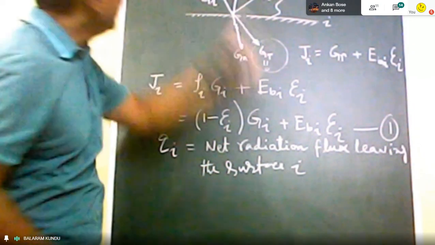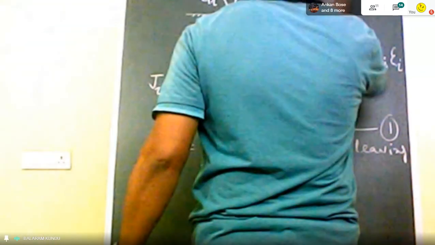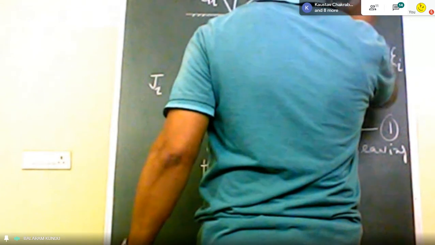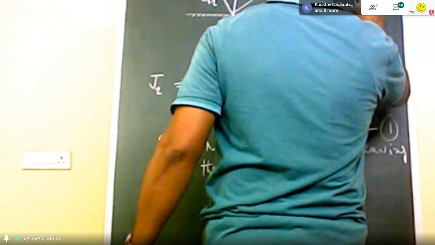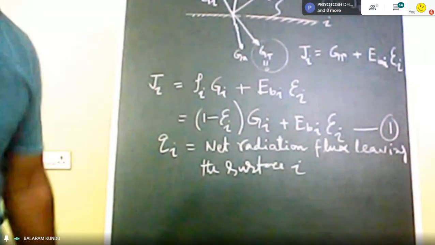So mathematically Qi equal to Ji minus Gi.